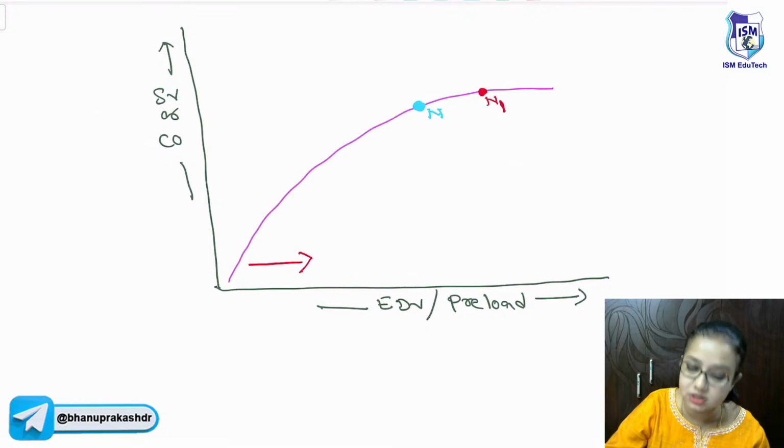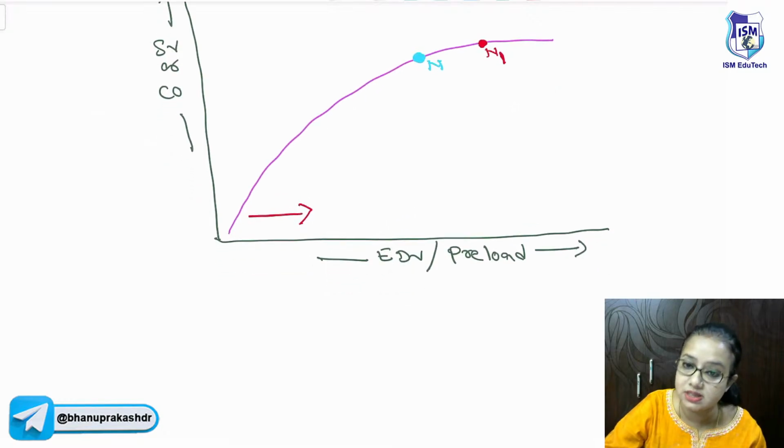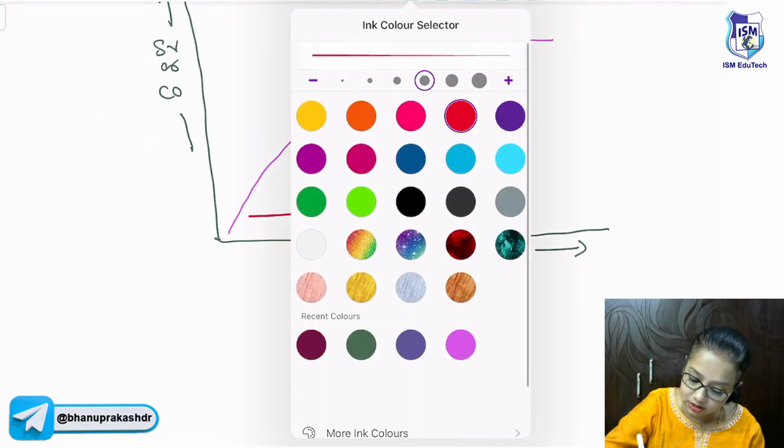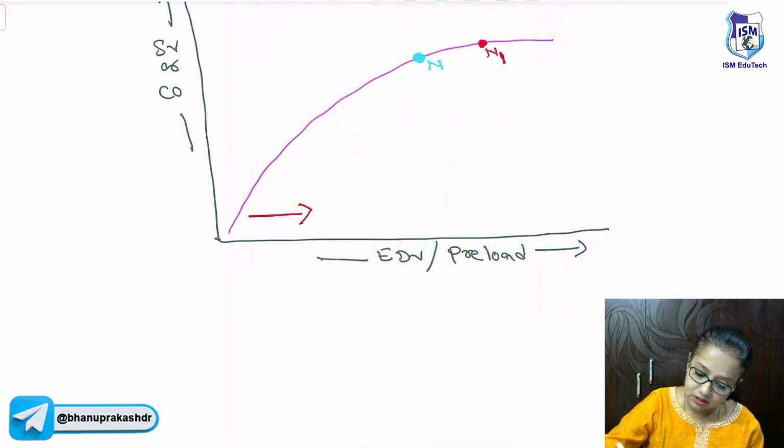So, it shows that when the preload is increased, the heart pumps out more blood. Similarly, the opposite, if the preload is decreased, say at a point this, which we name as N2.